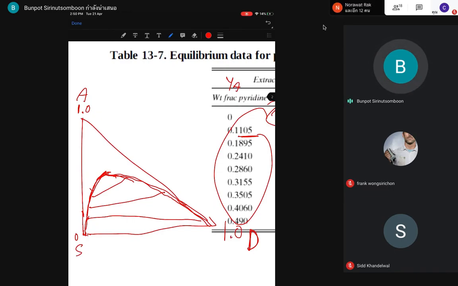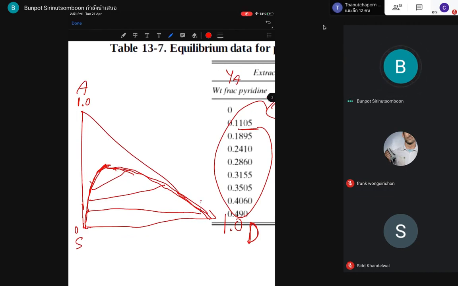Then from these tie lines, I can find something called the conjugate line. It's going to be something like this. I take this point and this point. From this point I go up, and from this point I go horizontal to the right, and then I get this point here.